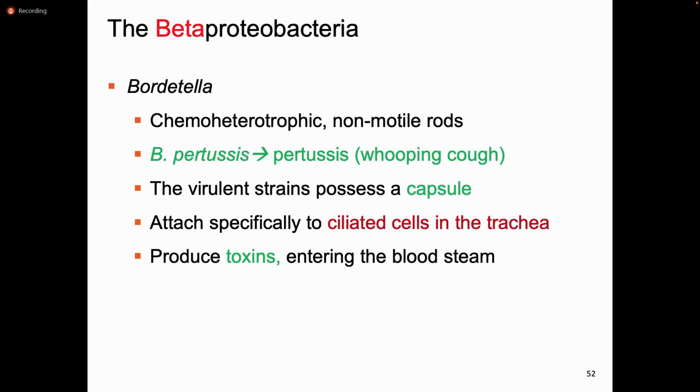So this is a very terrible disease. This bacteria grows in our trachea, produces toxins and produces constant fever and disease. So this is one of the very dangerous diseases for children. And the vaccines we give to very small babies contain the pertussis vaccine against this disease.